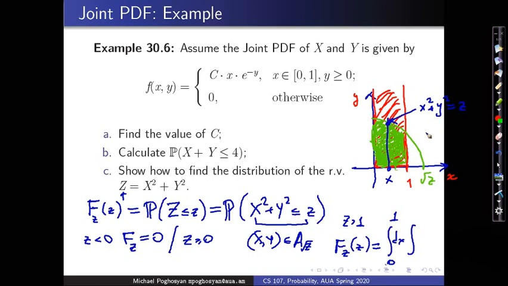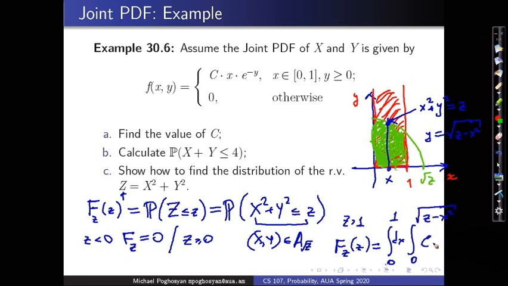Because y is positive, I take the positive root, so y is the square root of z minus x squared.